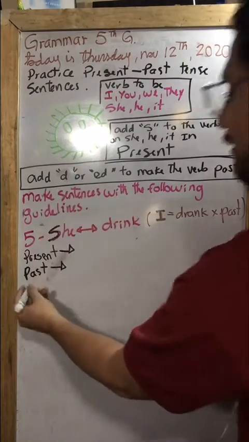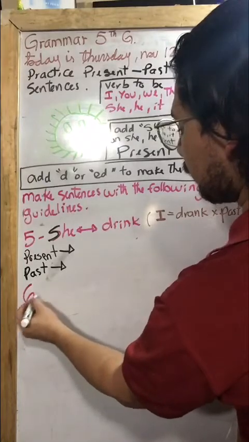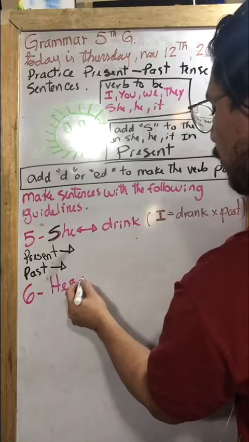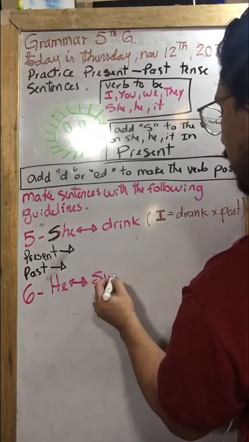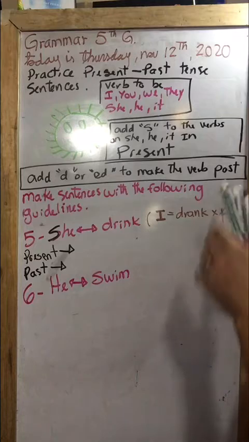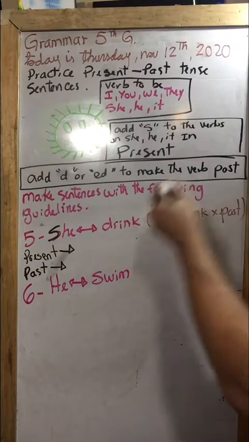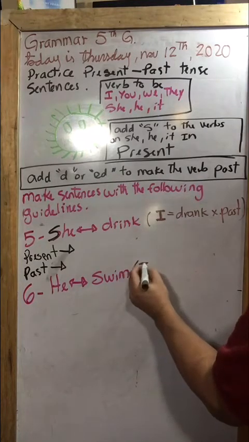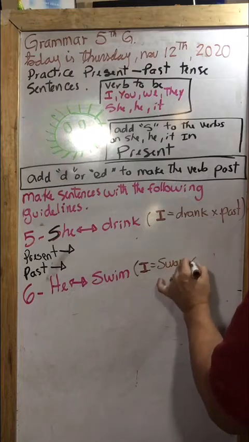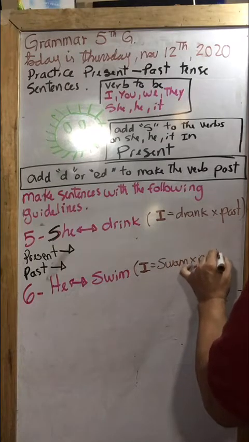Number 6. He for swim. Okay, now again, swim is irregular. So the past form is swam for past.